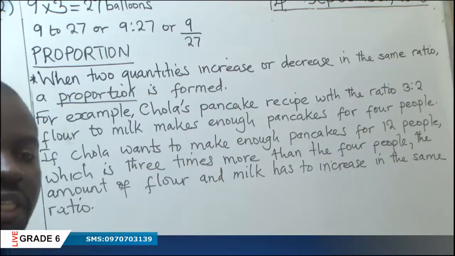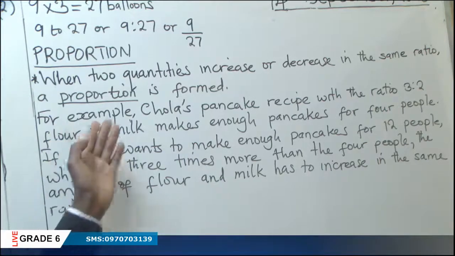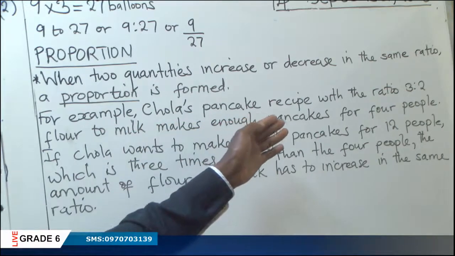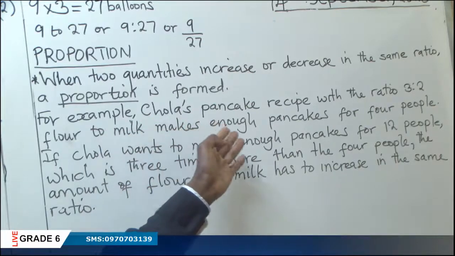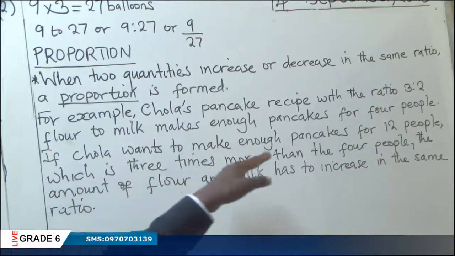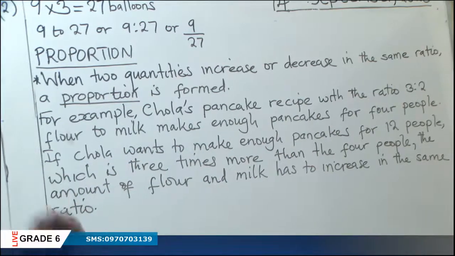What does it mean, boys and girls? We have an example here: Chola's pancake recipe with the ratio 3:2 flour to milk makes enough pancakes for 4 people. If Chola wants to make enough pancakes for 12 people, what must she do?